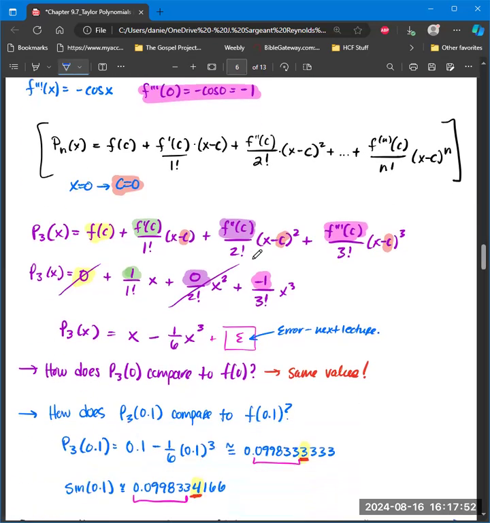So I'm going to go out to 3 here. This is going to be 0 plus 1 over 1 factorial x plus 0 over 2 factorial x squared plus a -1 over 3 factorial x cubed.